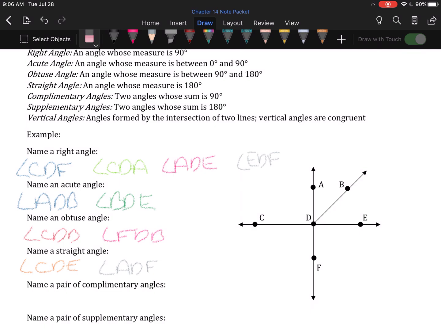Now comes the harder part. A pair of complementary angles. So we look up here in our definitions. Complementary is two angles whose sum is 90 degrees. Sum means add. So it's two angles that come together to make 90 degrees.